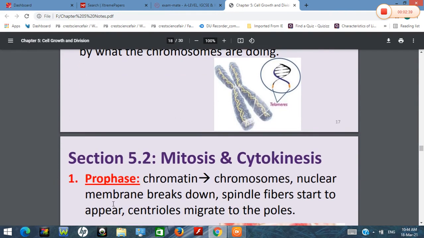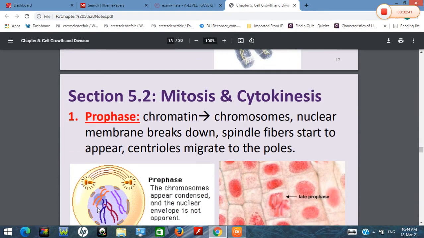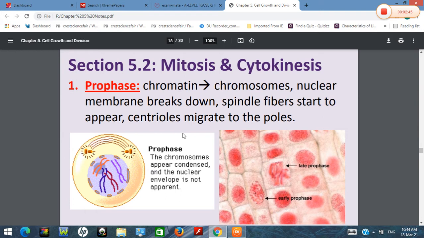The structure of chromosome. Firstly, mitosis division, first stage, prophase or first phase. What happened during this one? I just want you to know the figure of each phase of the division and the steps which occurred during this phase.